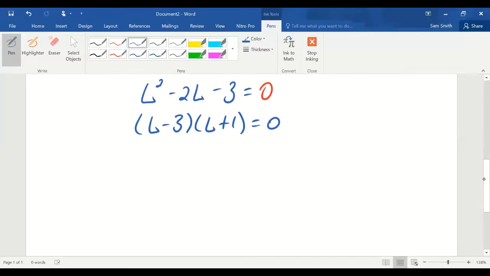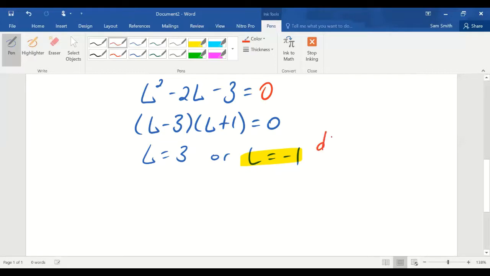So this tells me by the zero product property that L would have to be 3 or L would have to be -1. Now this is the moment where I'm going to remember that L represents a real world quantity, in particular a real world length. And it doesn't make sense for a length to be negative.